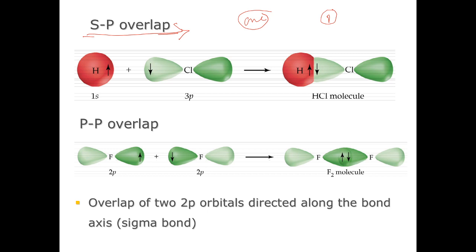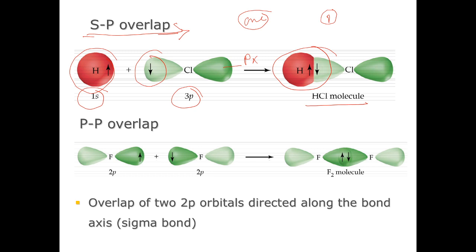Another example is a 1s and a 3p. The 3p will be in the px direction, along the x axis. This will overlap with this to give you this, which is the bond in the hydrogen chloride, or hydrochloric acid, molecule.